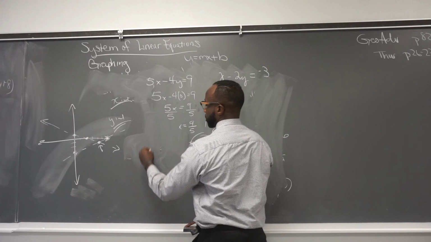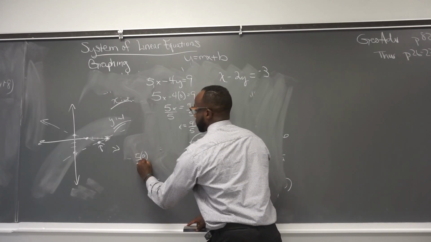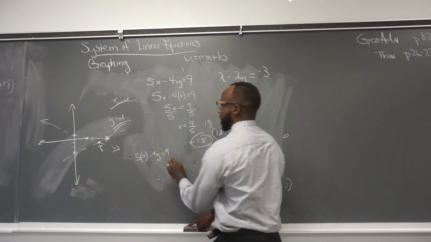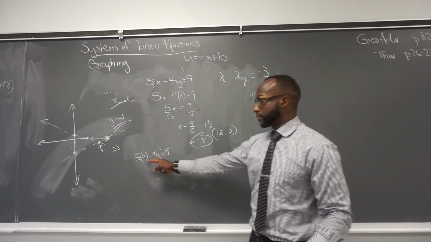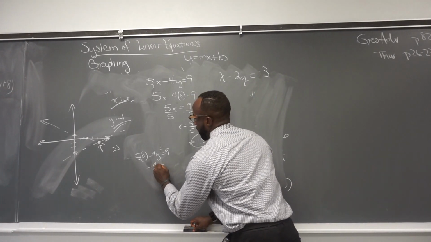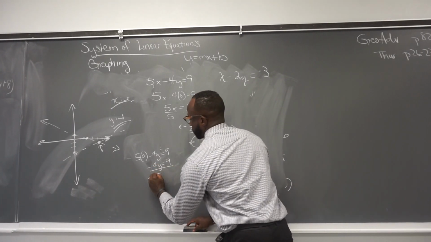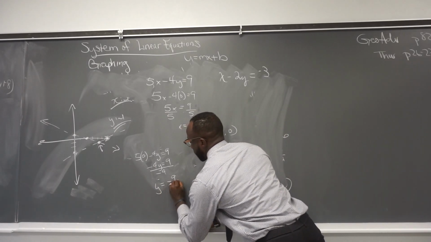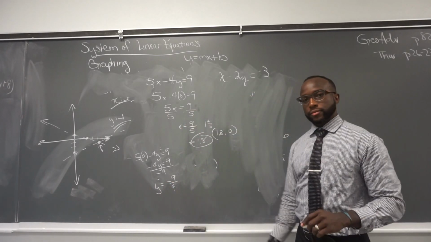Y-intercept is when x equals 0. So it's going to be 5 times 0 minus 4y equals 9. Again, 5 times 0 is 0. Then I have negative 4y equals 9. Divide both sides by negative 4. Y is going to equal negative 9 over 4.